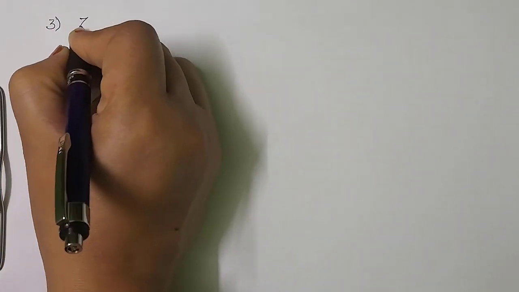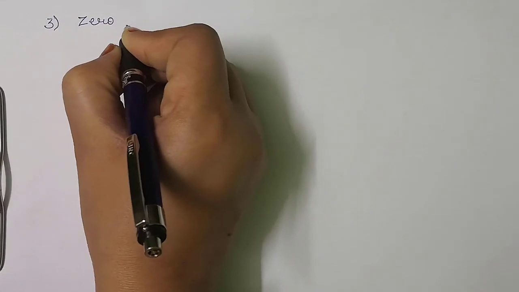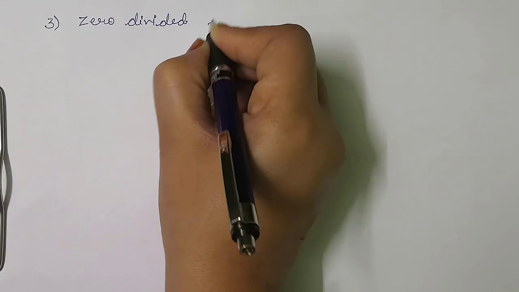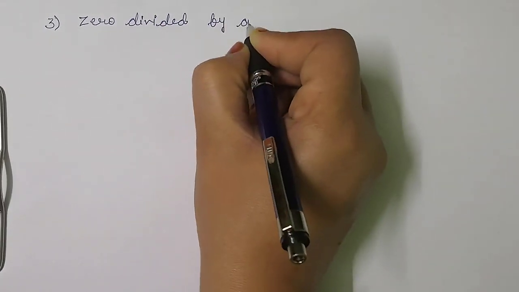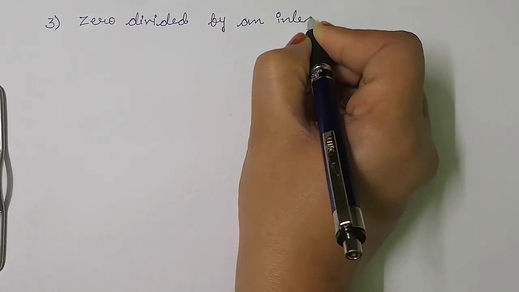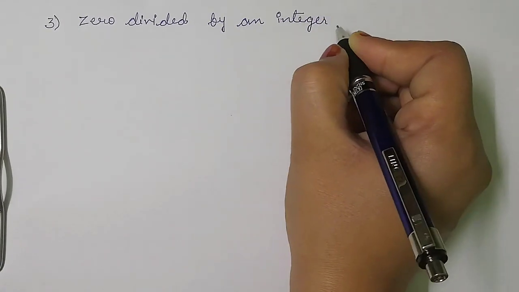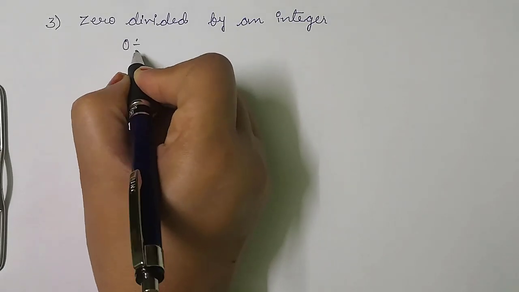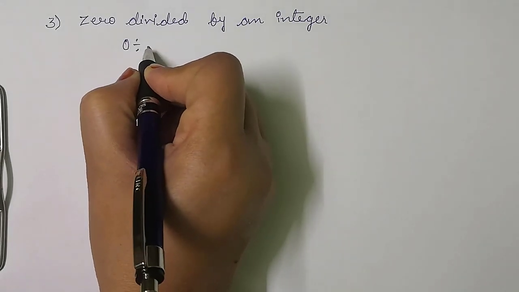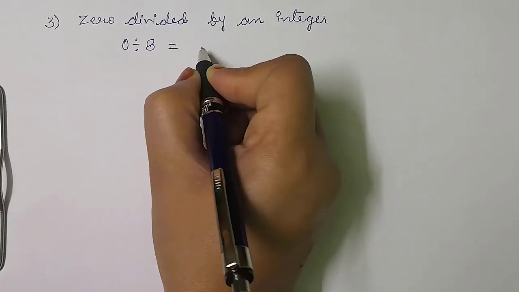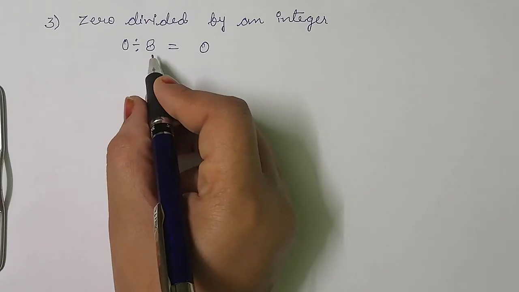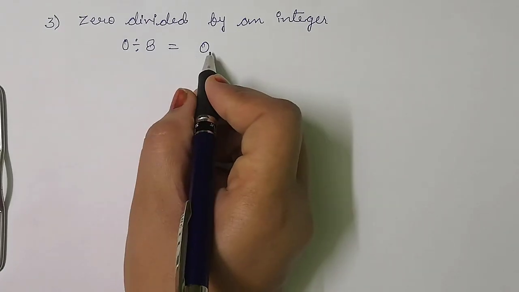Third is 0 divided by an integer. Let's see what happens if we divide 0 by any integer like 8, then also we get 0. If we divide 0 by any integer, then we get 0.